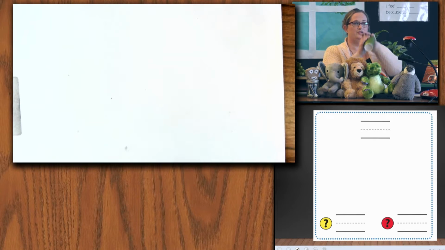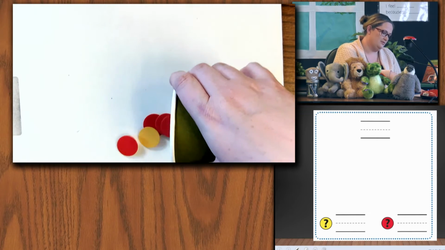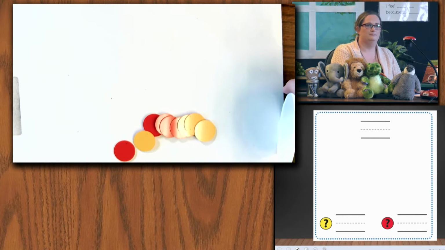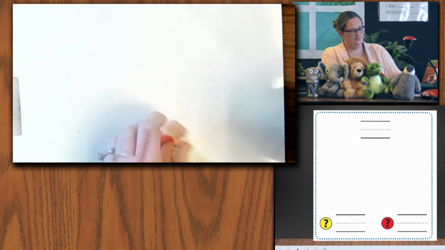Ready? Shake, shake. It's not your friend this time. Well, you're looking for 8 and 2. I know. Come on, 8 and 2. Here we go. You ready? Nope. Not 8 and 2. Try again.